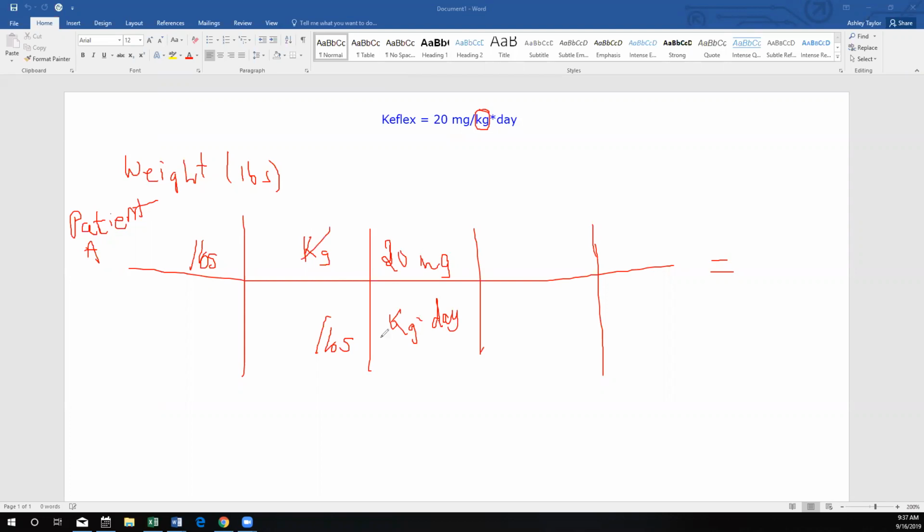So my kilograms cancel, my pounds cancel. I'm going to put this number in later. And so now that I have this, now I have 1 day, and then I have 2 doses per day.